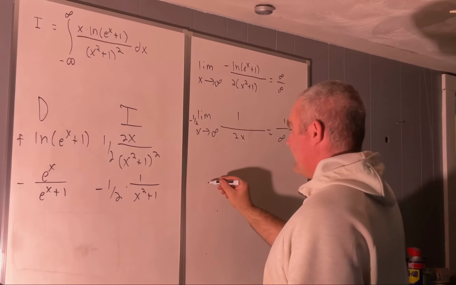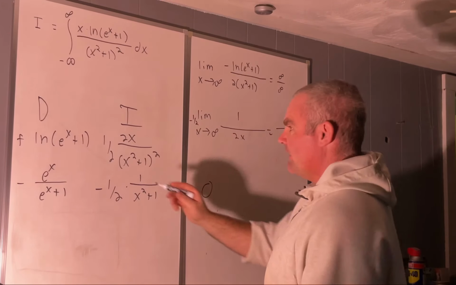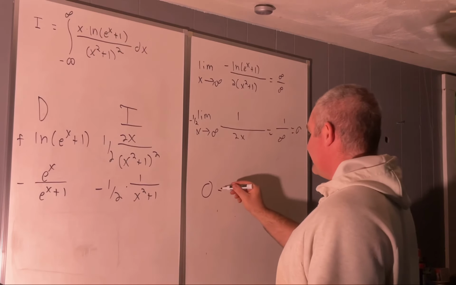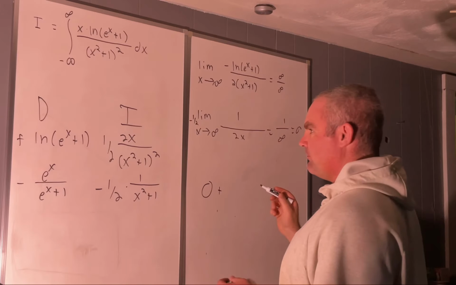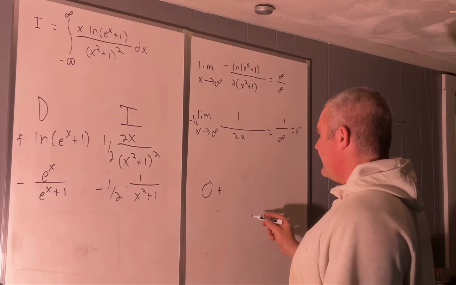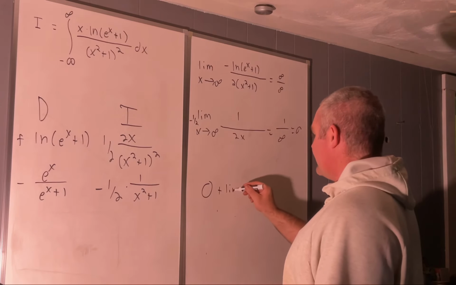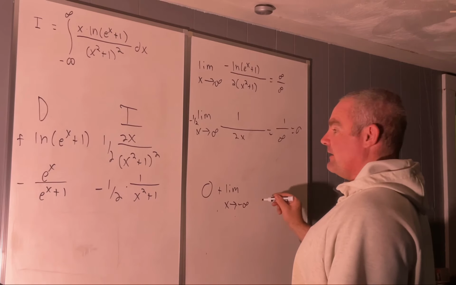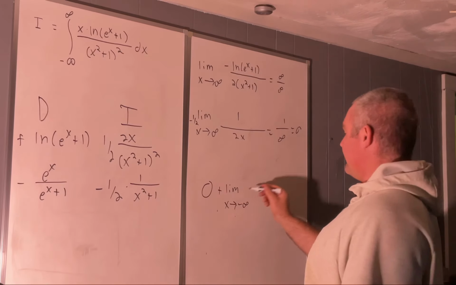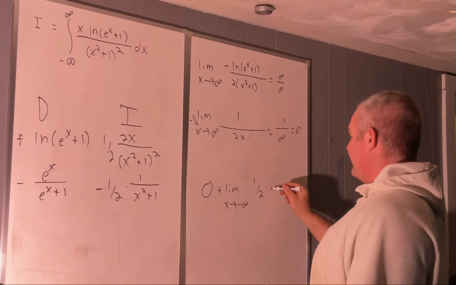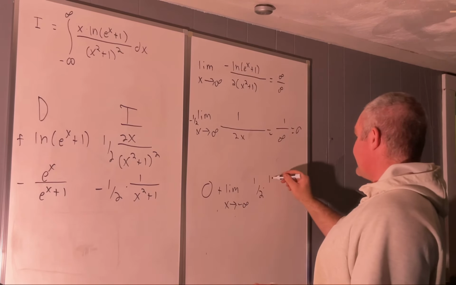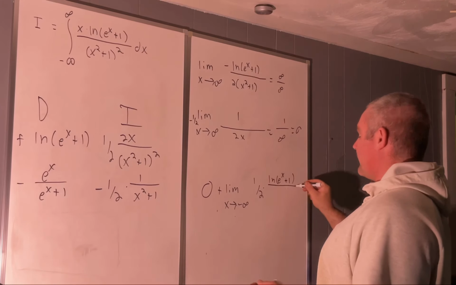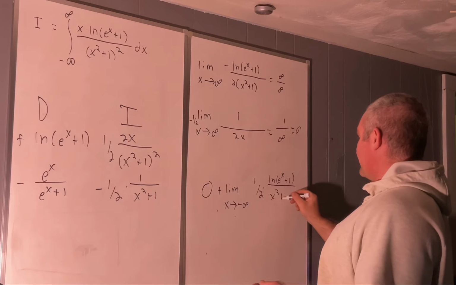So we're going to have 0, and then we're going to have a minus something. So it's going to be the positive limit as x goes to negative infinity of 1/2 times natural log of e to the x plus 1 over x squared plus 1.